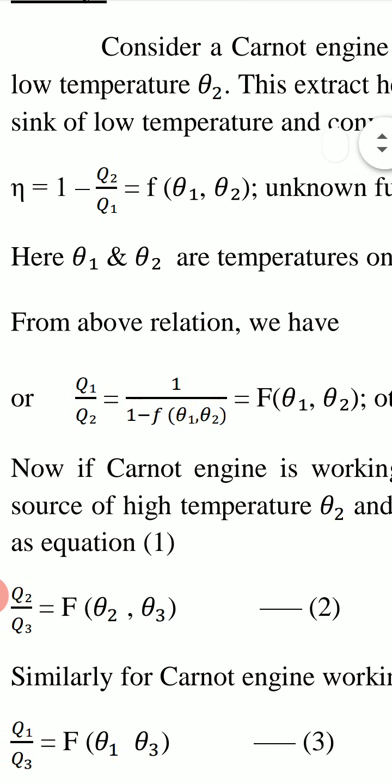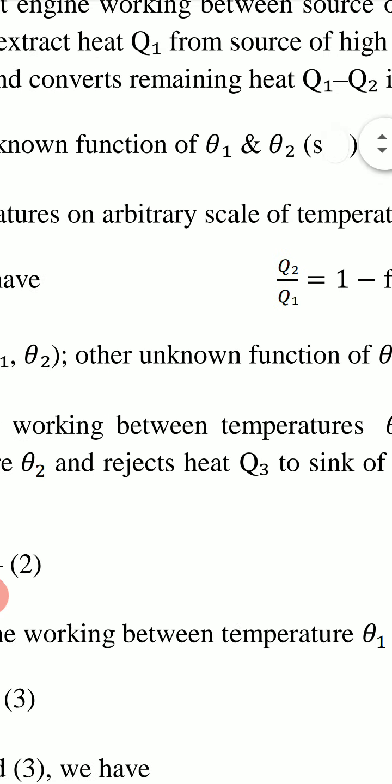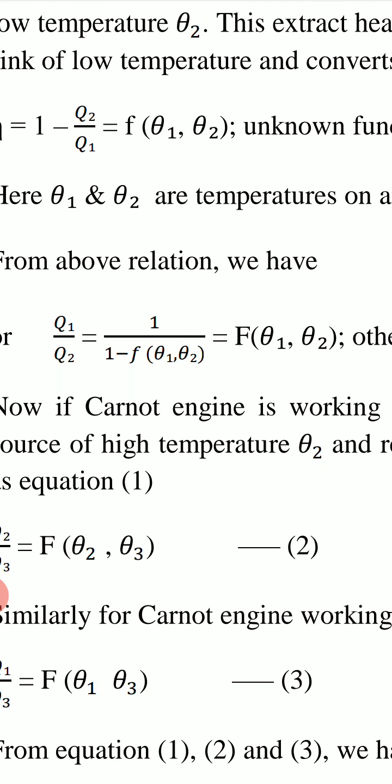From this relation we have Q2 upon Q1 equal to 1 minus f(θ1, θ2), and from this relation we can get Q1 upon Q2 equal to 1 upon 1 minus f(θ1, θ2).